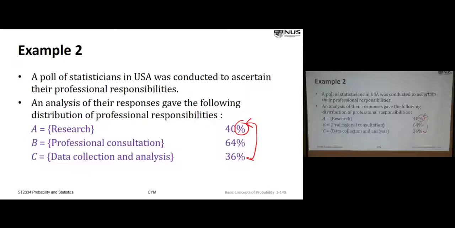When we say A is 40%, it's 40% of all those statisticians in the poll. 40% of them are working on research, 64% working on consultation, and the other 36% working on data collection and analysis. So 100% means 100% of statisticians.